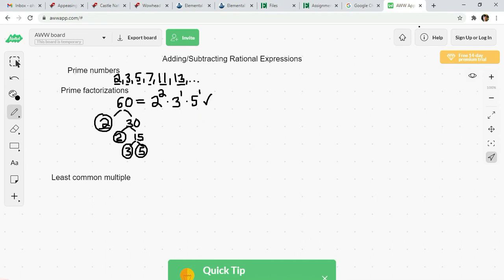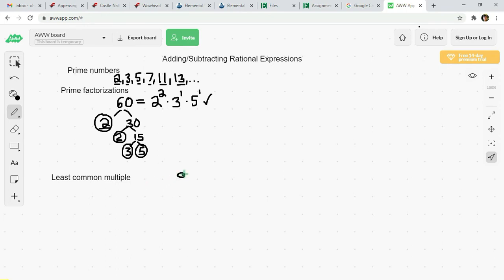Now, we want to use our knowledge about prime factorizations to understand what's called the least common multiple. Before we get into that, I want to show you how we approach this in class, just for you to recall that. So let's suppose that we want to find the least common multiple of two numbers.